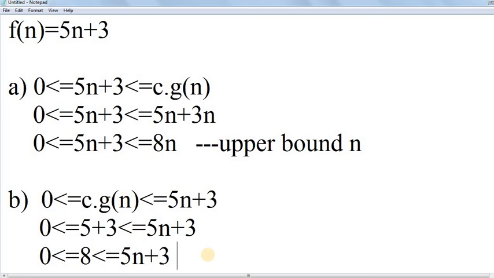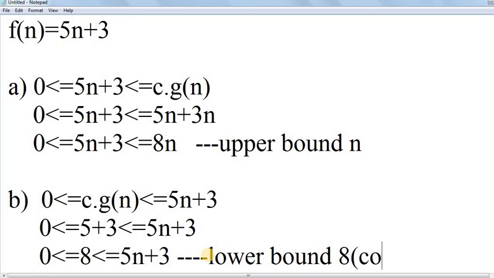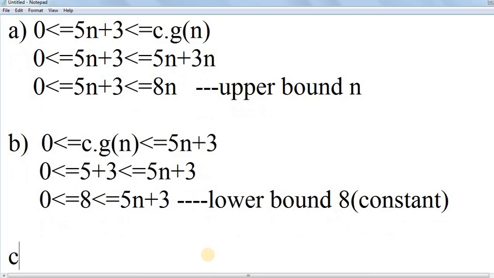Okay, this will be the lower bound for the function 5n plus 3. What will it be? It will be a constant time 8. It's a constant. Remember the example of finding out the maximum of a number.